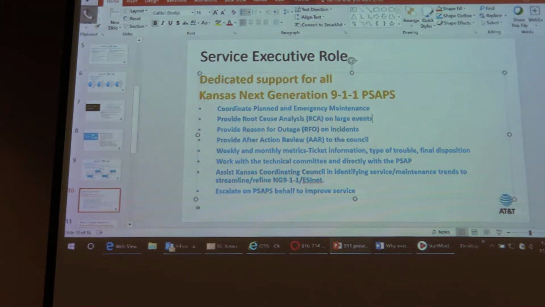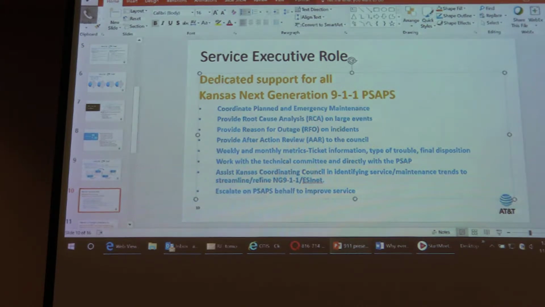An RCA, root cause analysis, is used for a large event, but we also have RFOs, which are for incidents. You might have a situation where you lost your CAD, or lost ANI/ALI, whatever. That information comes out of the ticket and is provided to the council as a reason for the outage. What happened?